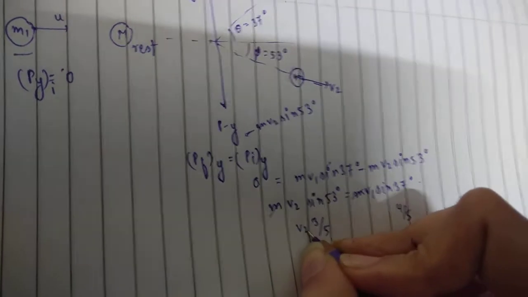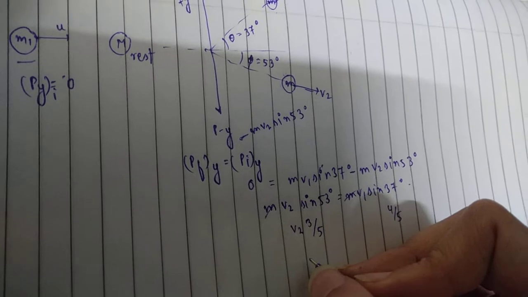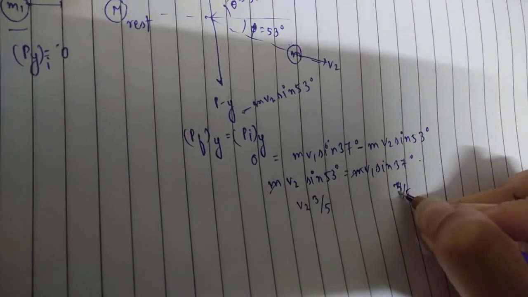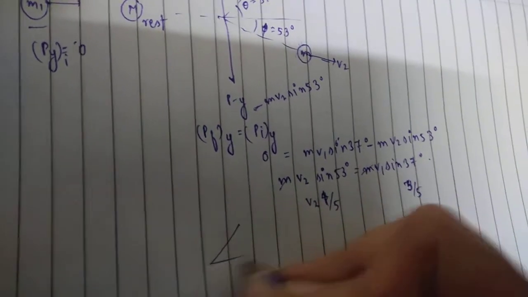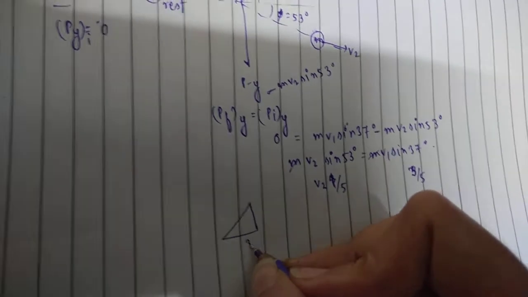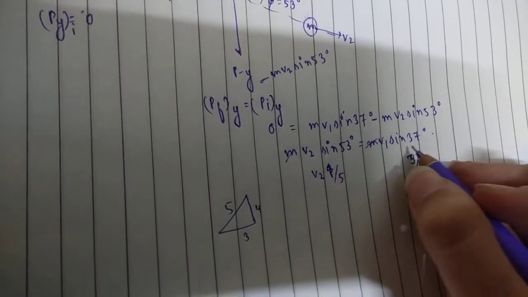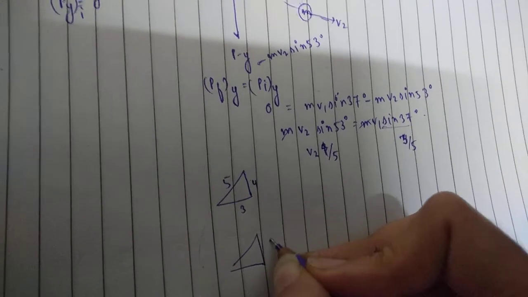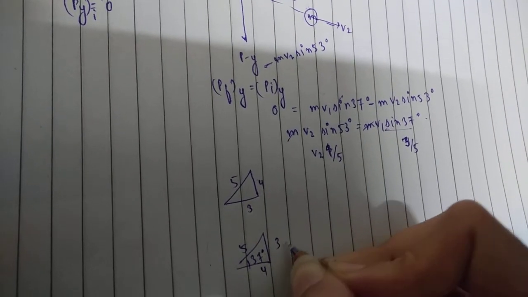It will be 3 by 5 for sine 37 and 4 by 5 for sine 53, because it is a triangle with sides 3, 4 and 5. If sine 37 is given, then it will be like this, 3, 4, 5 with a 37 degree angle.